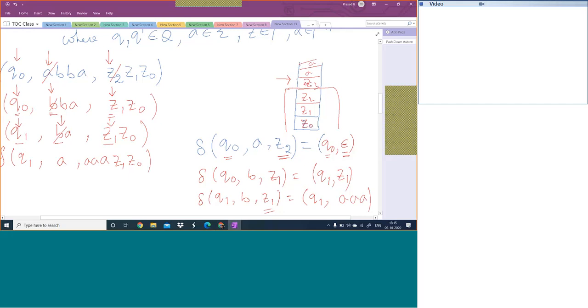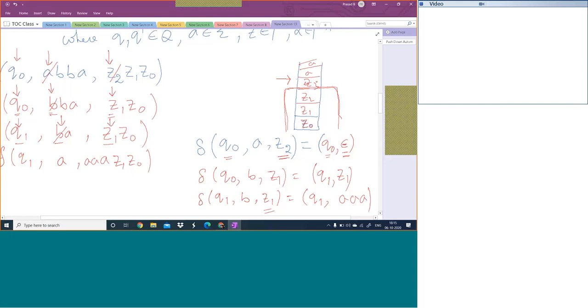But here, when Z3 is the top symbol in this transaction, what are the symbols below the Z3? Z2, Z1, Z0. These symbols Z2, Z1, Z0 cannot be modified. Means you cannot touch any of these symbols which are below the Z3. So when Z3 is the top symbol, we can do anything with Z3.